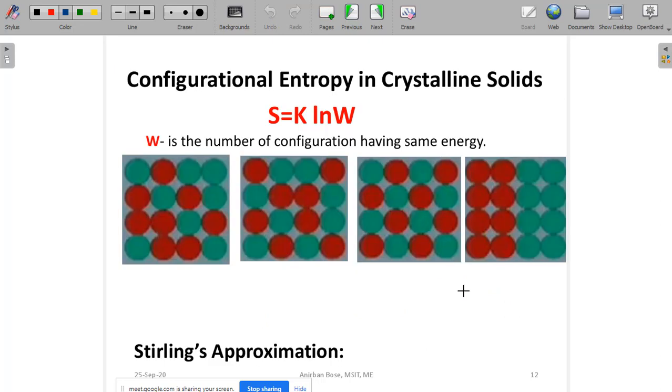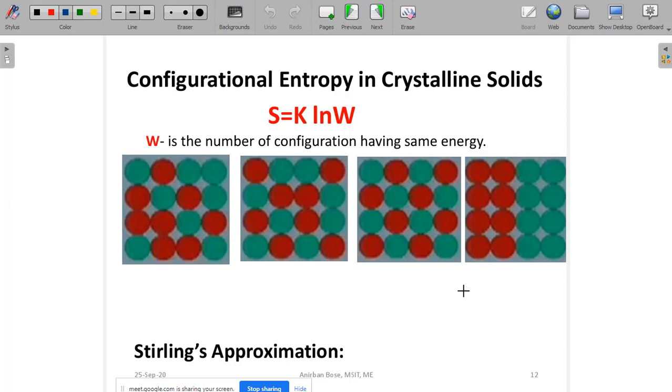Now another kind of entropy is present in crystalline solids. We have already seen the thermal entropy. Thermal entropy is present in solids, liquids and gases, but configuration entropy is present only in crystalline solids, not even in non-crystalline solids.